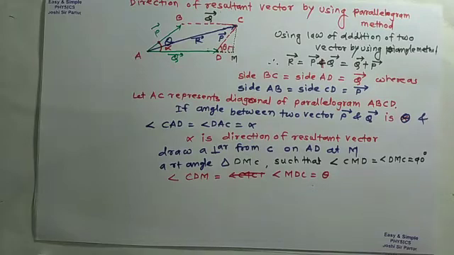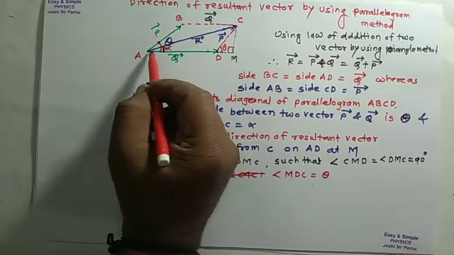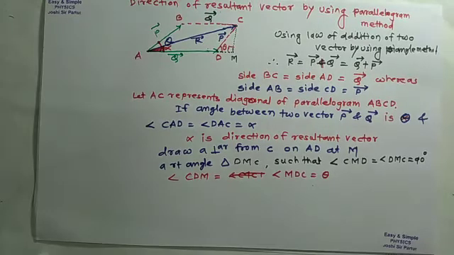So if these two angles are given, here angle CAD represents the direction, that is alpha.